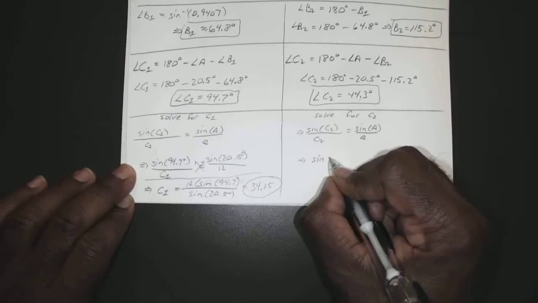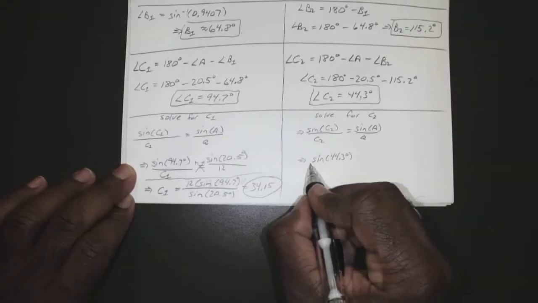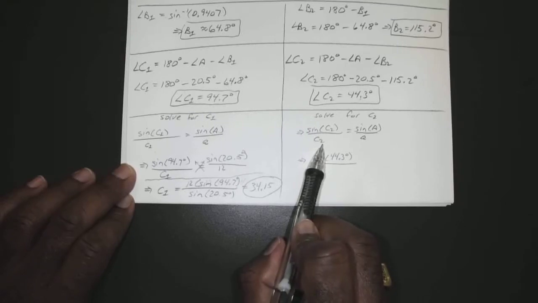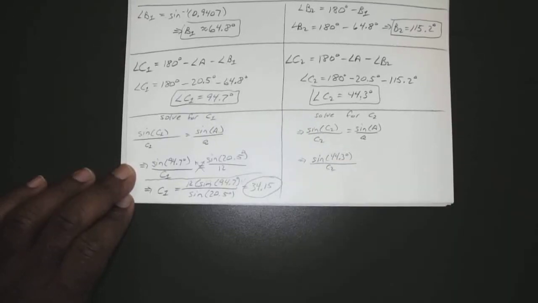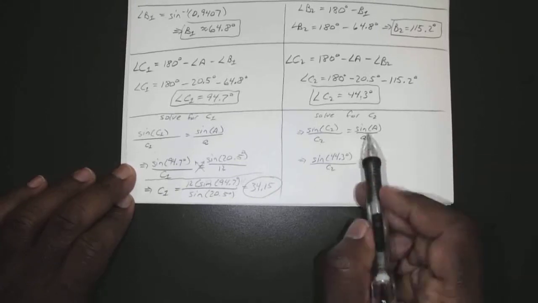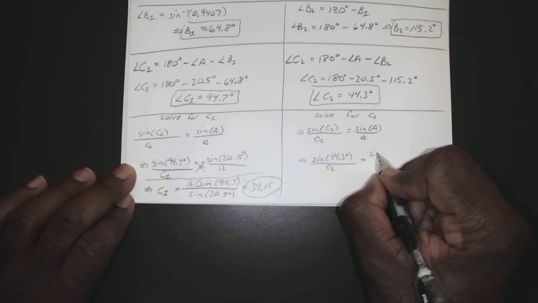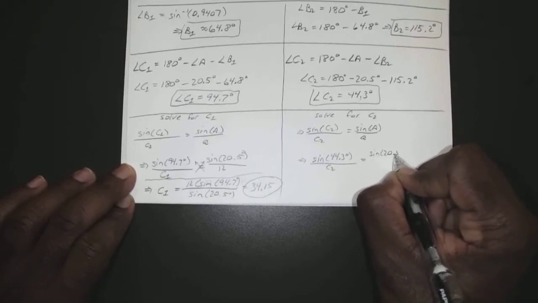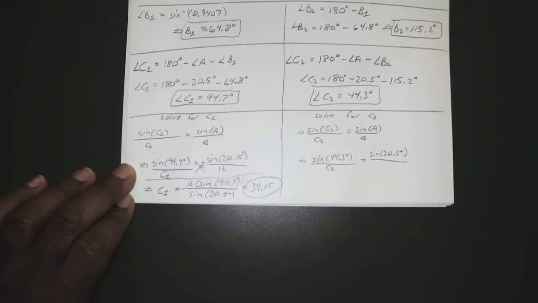So we have sine of 44.3 degrees divided by side C2, which we don't know, so we just leave that as C2, equals sine of A, which is sine of 20.5 degrees, over side A, which is 12.